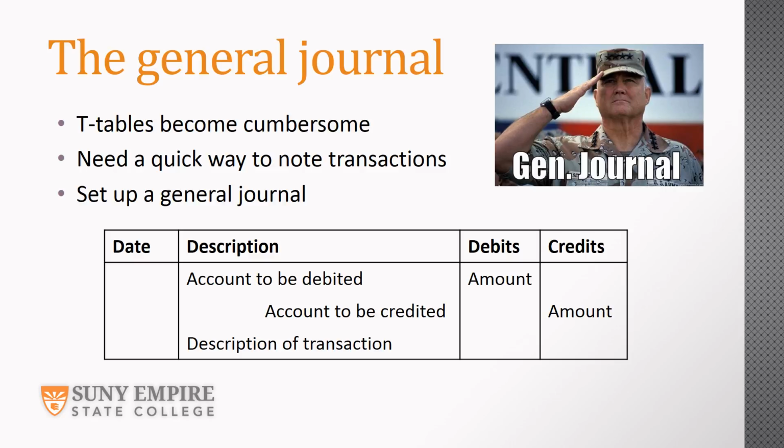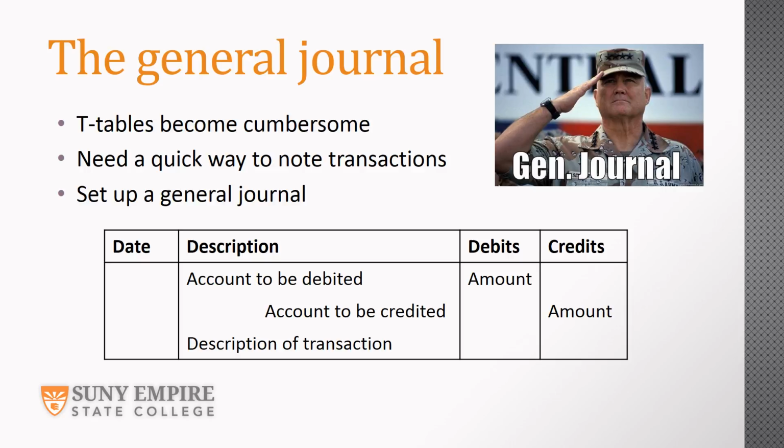For the day-to-day activities of a company, this becomes very cumbersome, having to find each individual T-table affected by a transaction. The general ledger allows us to account these individual transactions and also informs us what T-tables need to be adjusted. The setup for the general journal is basic, but actually very informative.